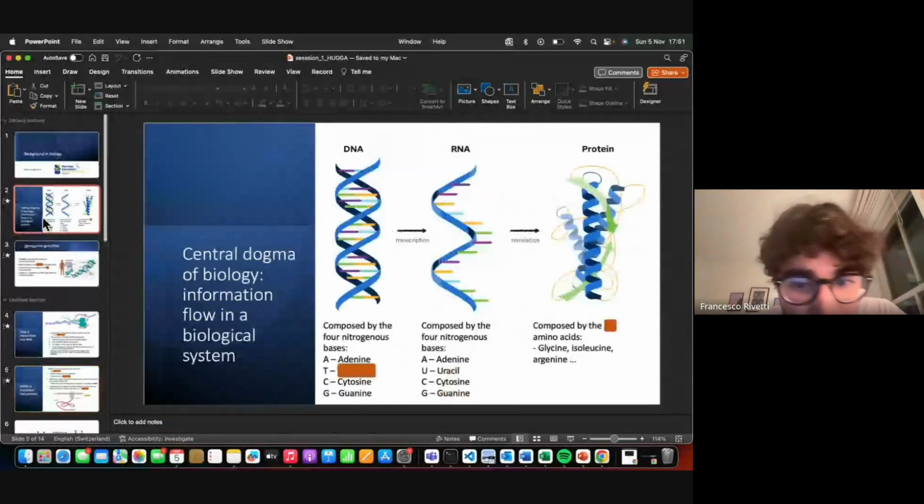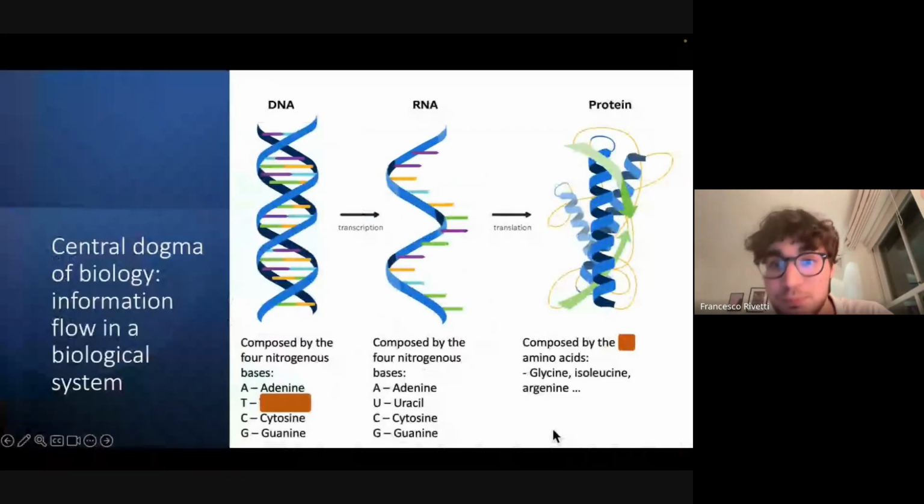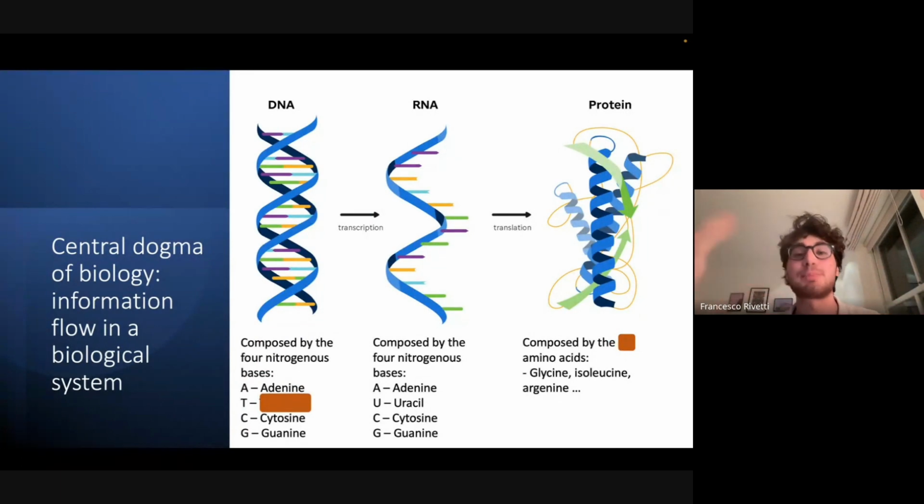So going back to the central dogma, mRNA is just a subset of RNA. It's like saying it's a type of RNA. There are many RNAs, and the ones that are then made into proteins are called mRNA.